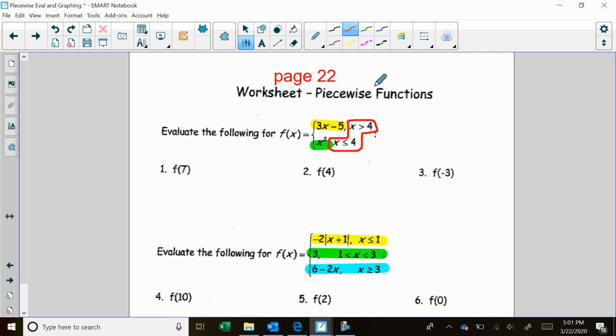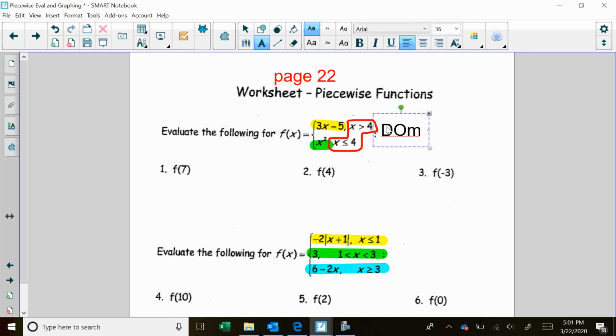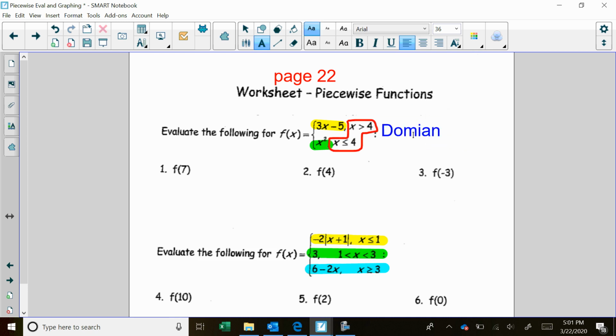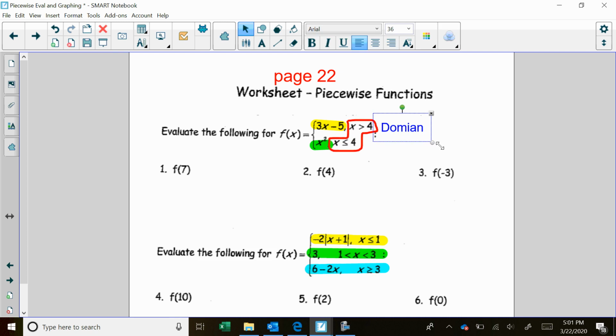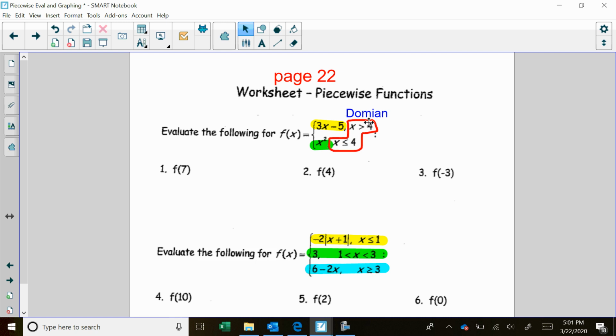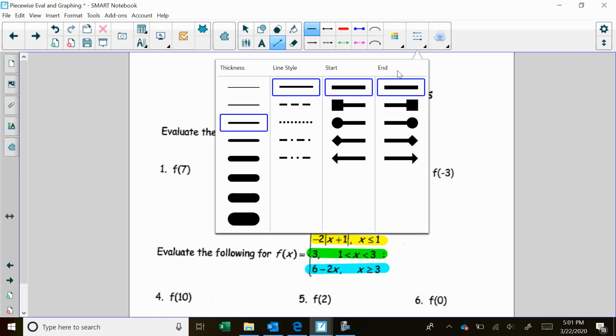This is what we're going to call the domain of the function. So this is where we're going to look to see which part of the function we're going to use. I'm going to move that right up here. This is the domain.